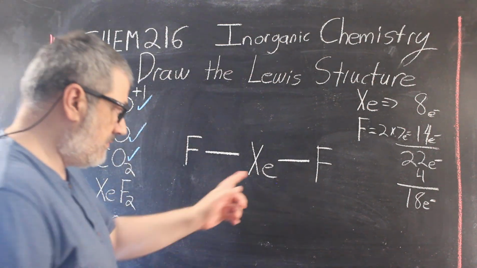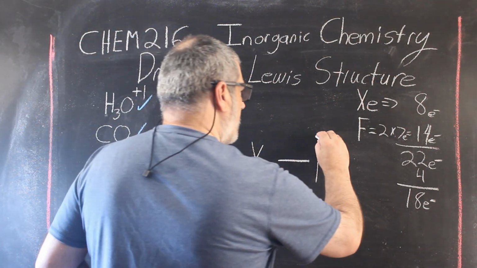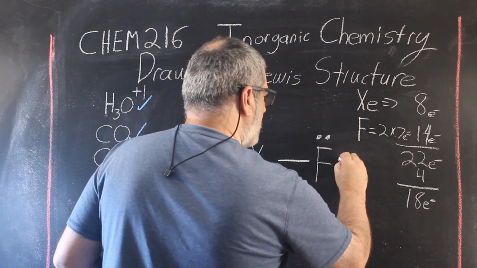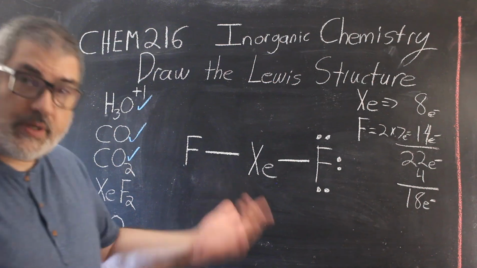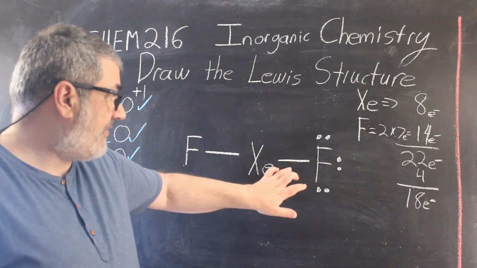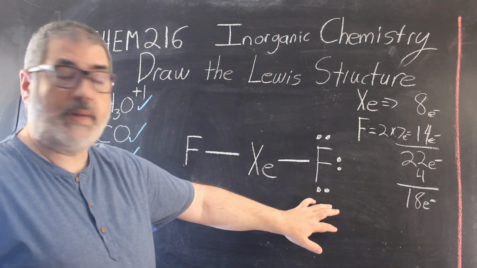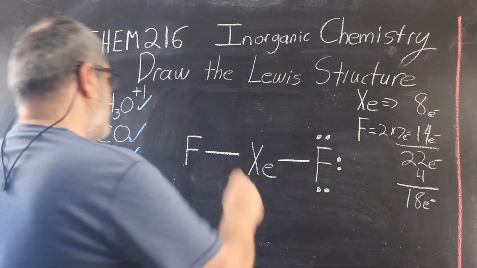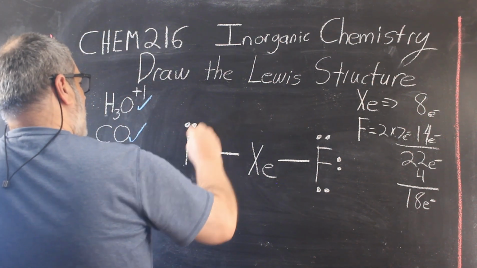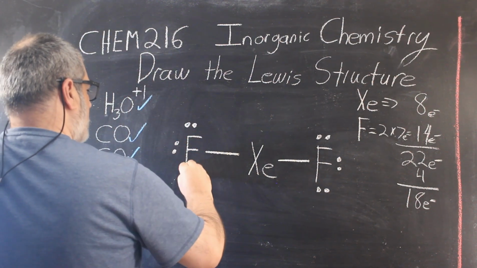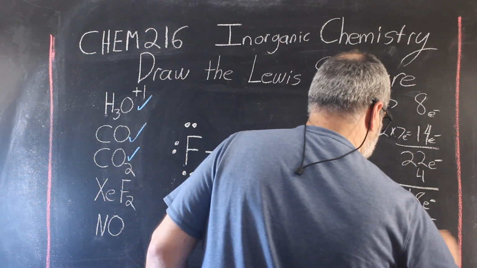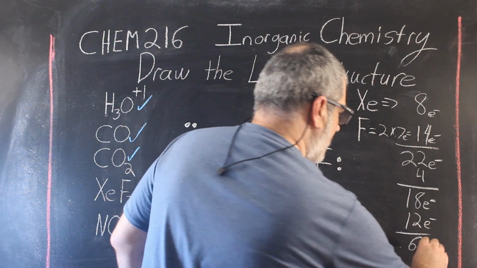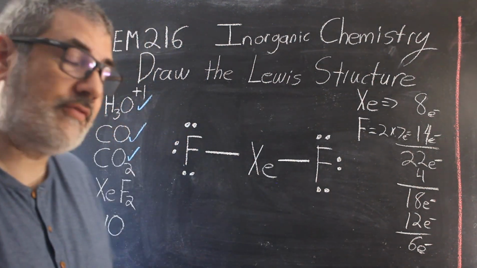What you find for halogens that are terminal is that their chemical bonding is pretty straightforward. They have a single bond and then they have 3 lone pairs. So we just use 2, 4, 6, 8, 10, 12 electrons. Now we have 6 electrons left over.